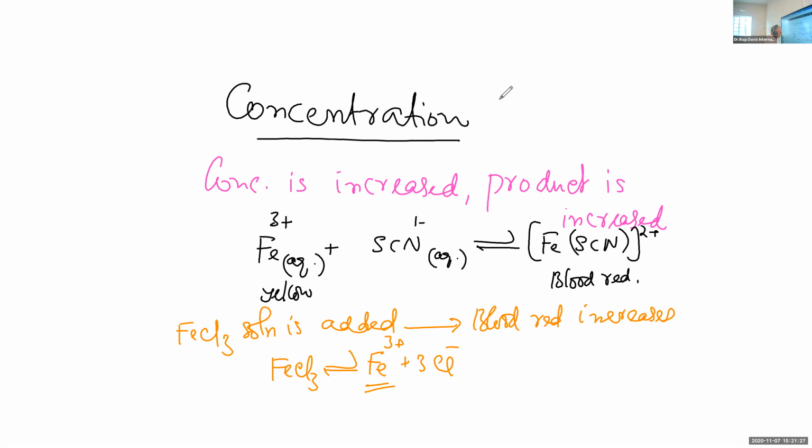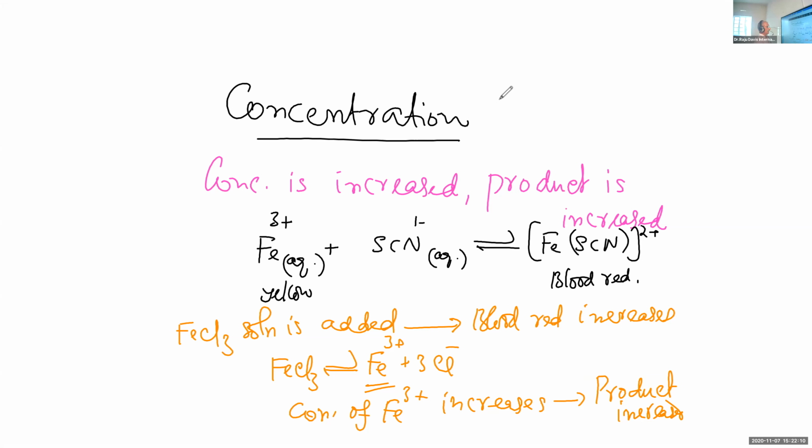That means concentration of Fe+3 increases. Fe+3 is the reactant. Concentration of the reactant Fe+3 increases, and so the product increases. Product is the blood red colored compound. It increases. And therefore, the intensity of the blood red color increases.